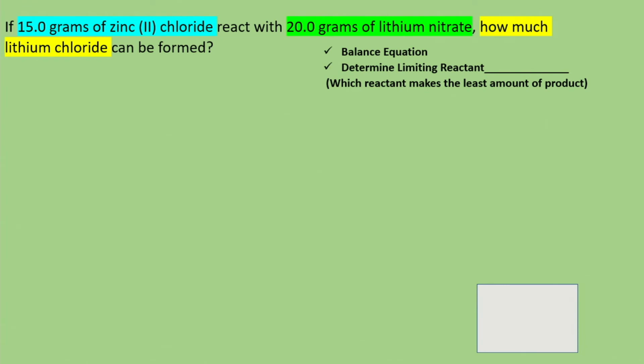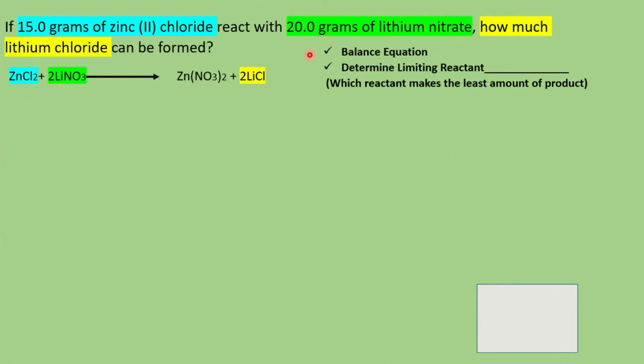So here I have a sample question for us. If 15 grams of zinc II chloride reacts with 20.0 grams of lithium nitrate, how much lithium chloride can be formed? So obviously we need to start with a balanced equation. And I find that if I color code each substance that's mentioned in the question, it helps me set up these calculations a little easier, and hopefully it'll help you too.